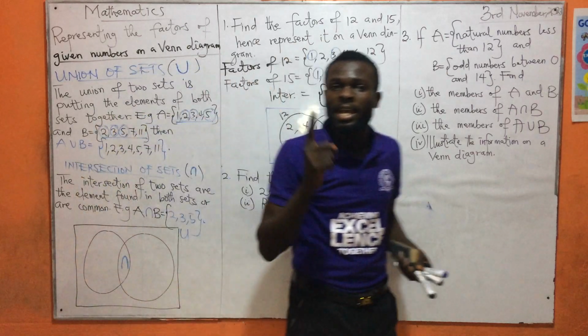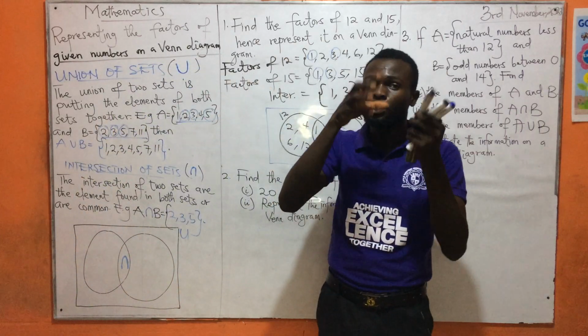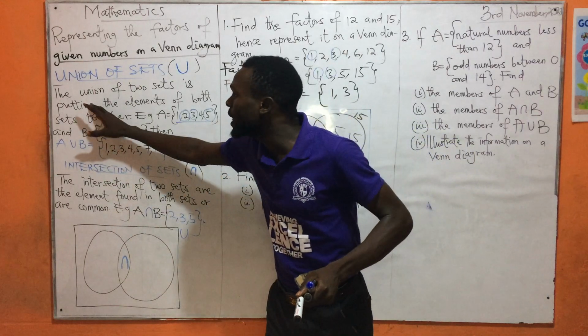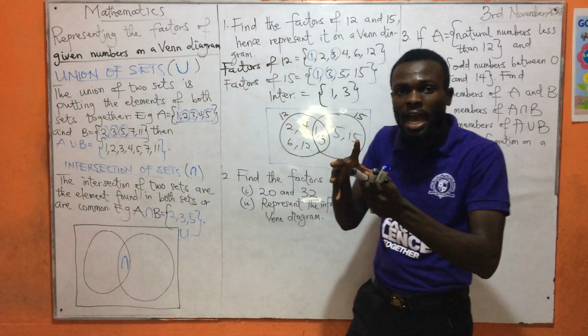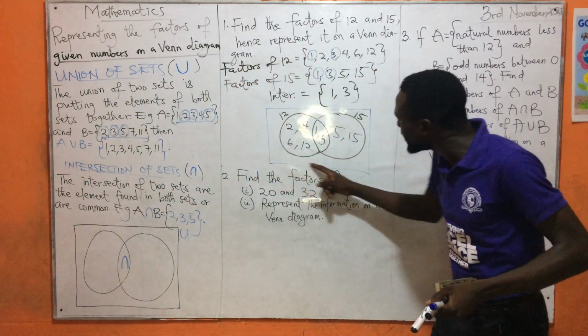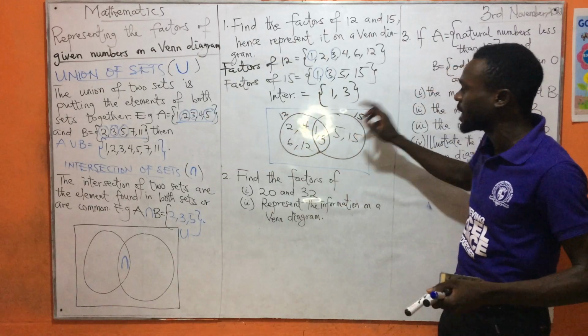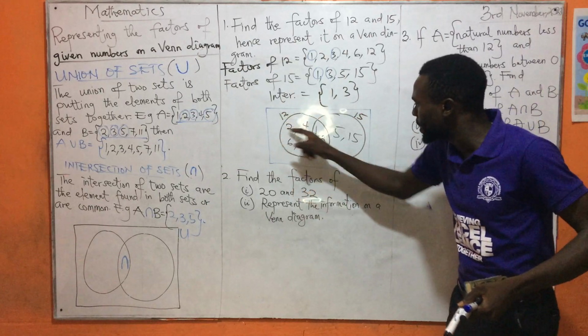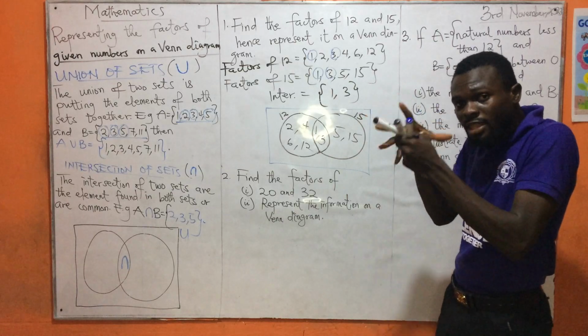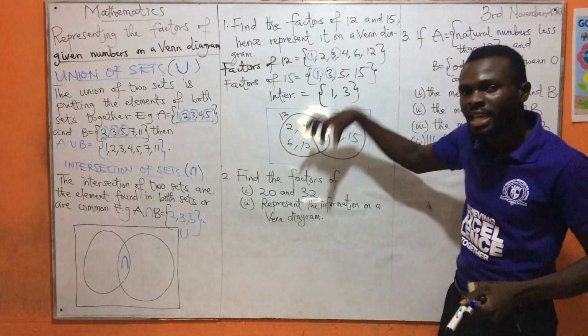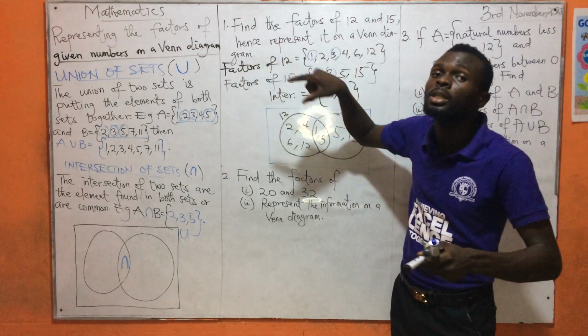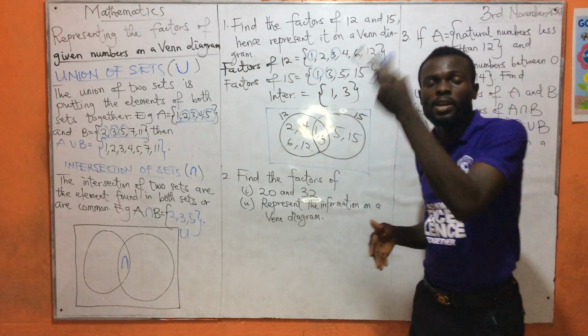Now, what do we say the union is? We said the union is when the elements are being put together. So when we put all the elements in the rectangle together, whatever we are going to get becomes the union of the factors of 12 and 15.